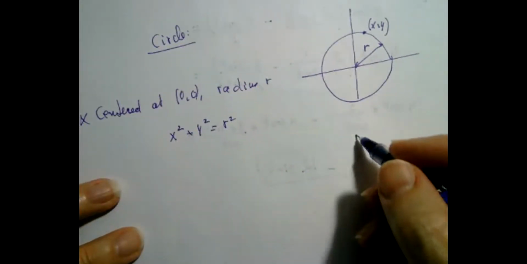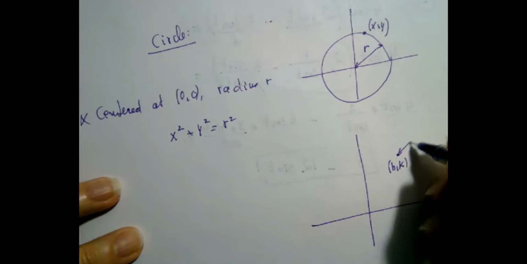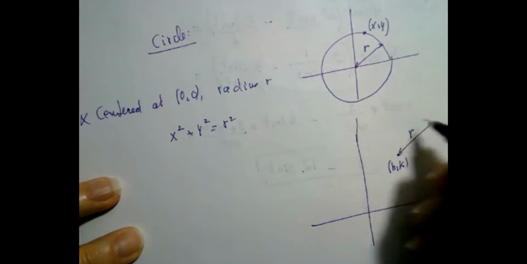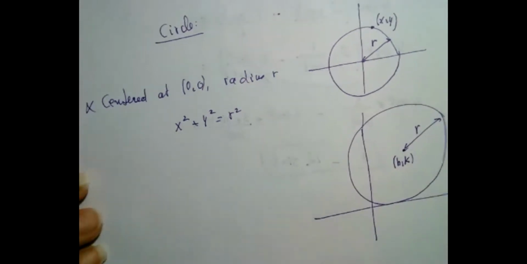Okay. Now, what happens if we take the center at (h, k)? How does the equation change? The radius is r, and this is my circle. What's the equation now?